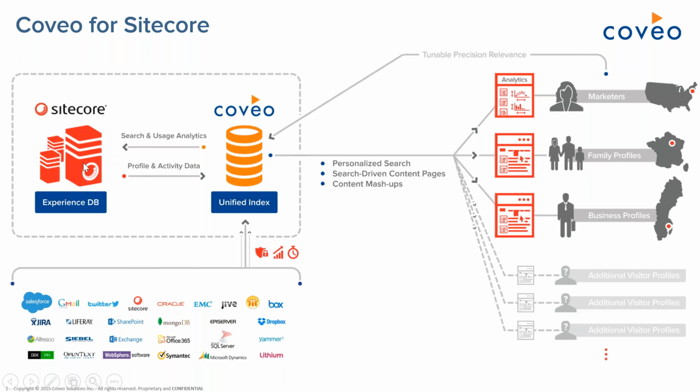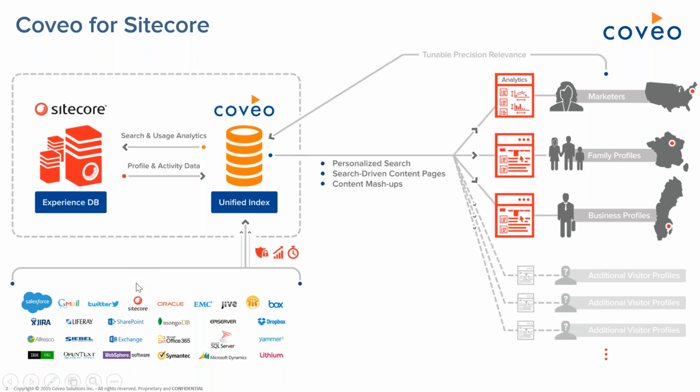As new pages are created, as pages are updated, that push component through the indexing pipelines of Sitecore allows you to decide which pages should be indexed, which parts of pages should be indexed, and which properties or metadata around those pages should also be indexed. That might include security information or permissions information, and also Sitecore personalization information, profile cards and personas can also be indexed by Coveo and made available to the users who are hitting your site.